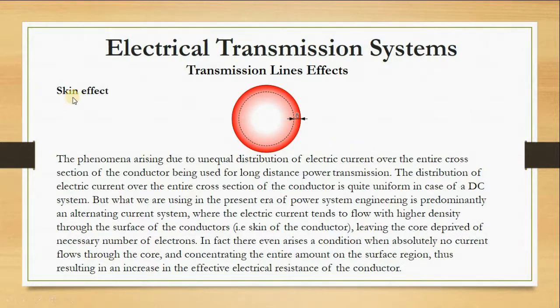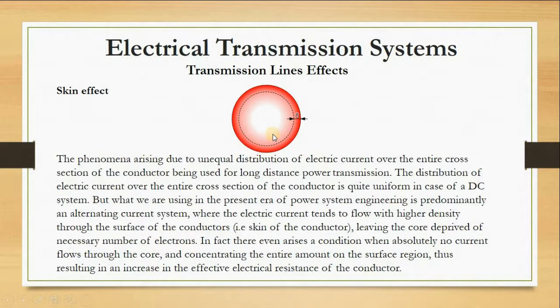In DC, when electrons are flowing through a conductor, they flow throughout the cross section of the conductor. But they realize that in AC, it is not like that. What happens in AC is that during the flow of current, the electrons tend to flow towards the skin of the conductor, leaving the core almost empty.